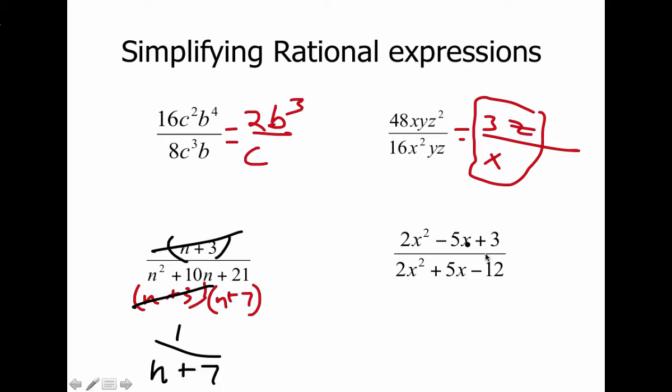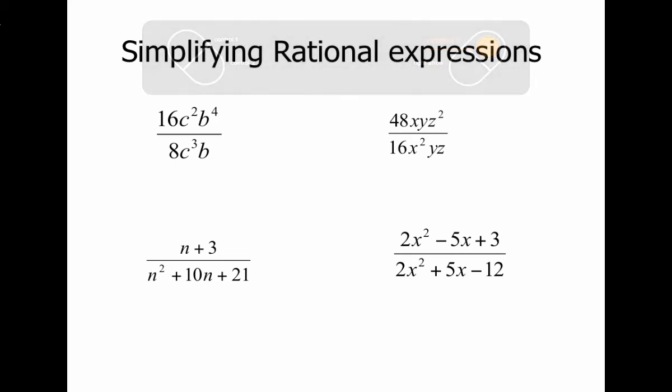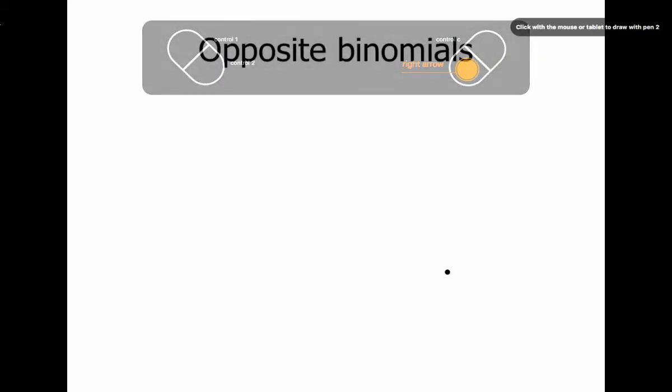Okay, so we would factor this one, and we would factor this one. That would take a little time, and then I think one set of the pairs end up canceling each other out.